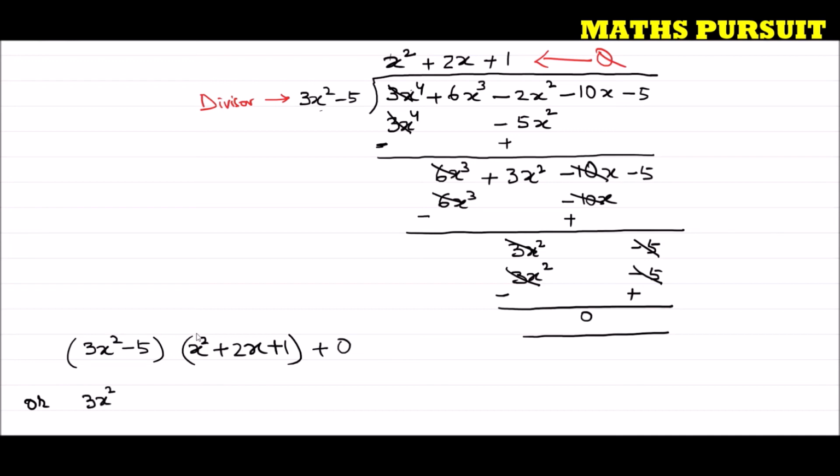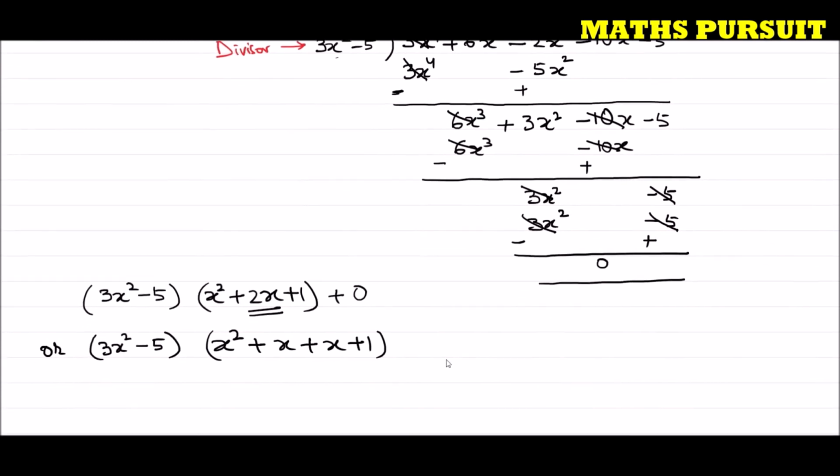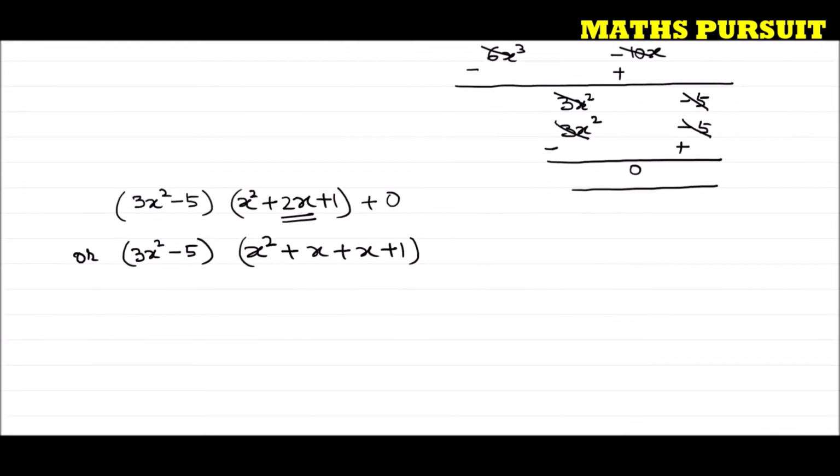Or I can write the above equation as 3x to the power 4 minus 5, here we have x to the power 2 plus 2x plus 1. Now this 2x I can write in this way, x to the power 2 plus x plus 1 plus 1. This is how I can write the above 2x. If I write in this way, I don't think there is going to be anything wrong.